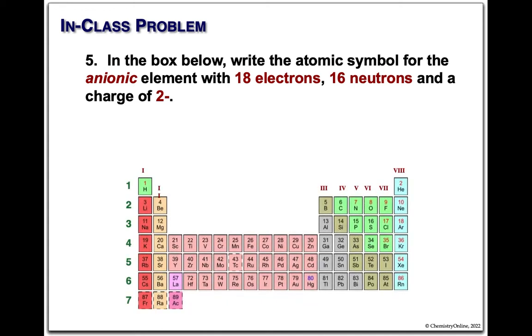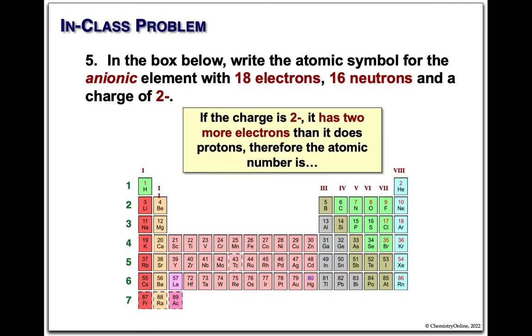It is anionic with a charge of -2, right? That means it has 2 more electrons than it does protons. So how many protons? 18 minus 2. This is sulfur. Atomic number 16.